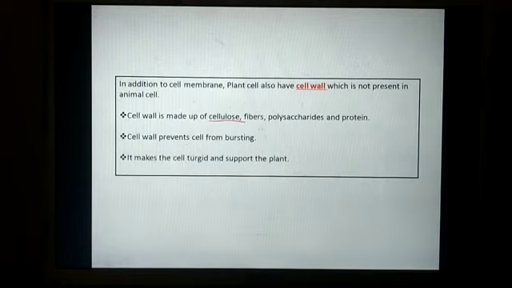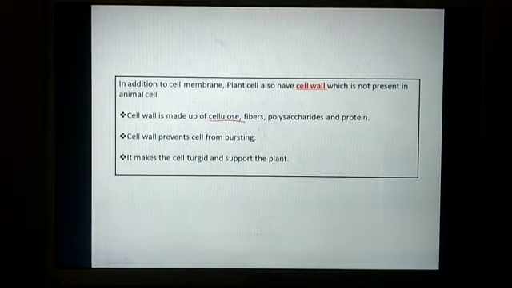So it is rigid, it can withstand pressure, because there are vacuoles present in the plant cell. Plants require more water, they have more water as compared to animal cells. Now inside the plant cell, this water exerts pressure on the cell wall.